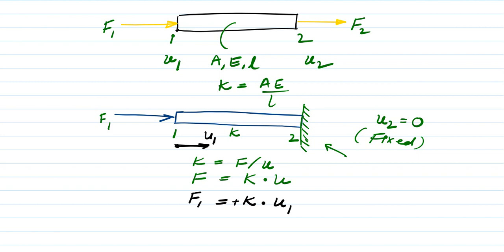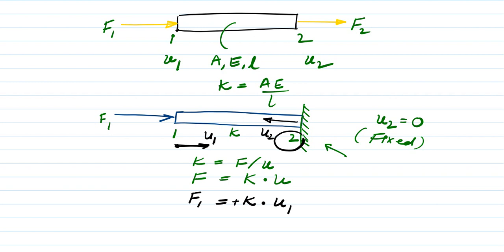With the same diagram, if there is some displacement at node 2, it is produced in the opposite direction to the force F1. So the displacement U2 will be opposite to U1, which means it has a minus sign.